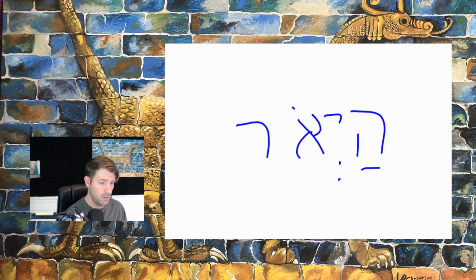Oh, well, he does it right here. This is the form that he's using. So ye'or is the Nile, and you would expect hey patach doubling dot, but of course you have a vocal shva here, so it drops out.